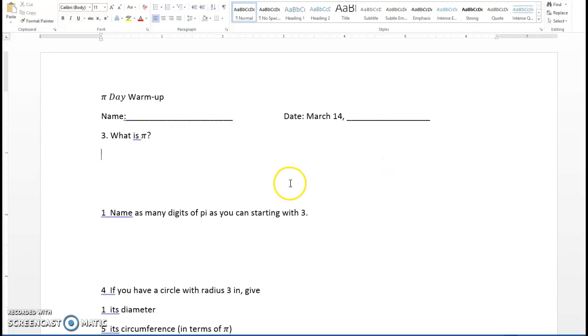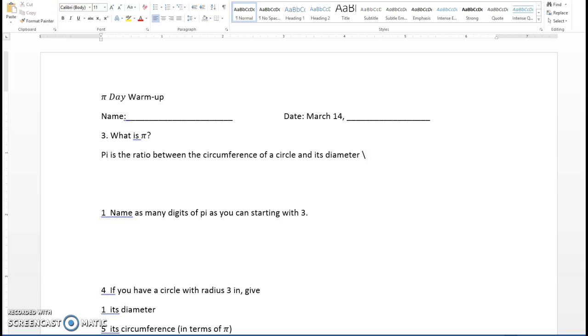I wanted to explain just some different things about PiDay that I didn't have time to explain in class and that every student should probably know. So, what is pi? Well, pi, P-I, not P-I-E, like the tasty treat, is the ratio between the circumference of a circle and its diameter.